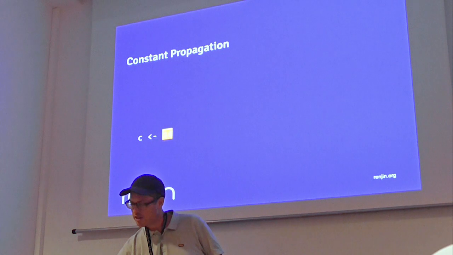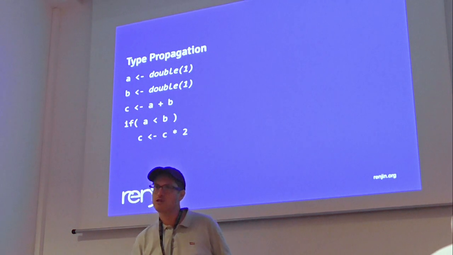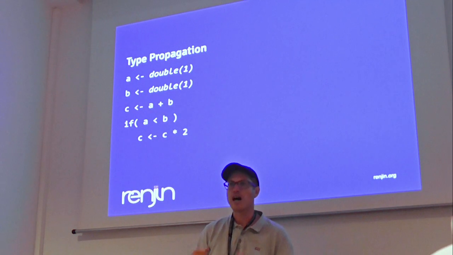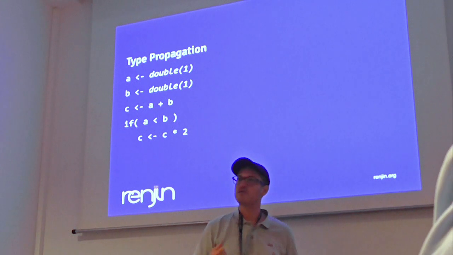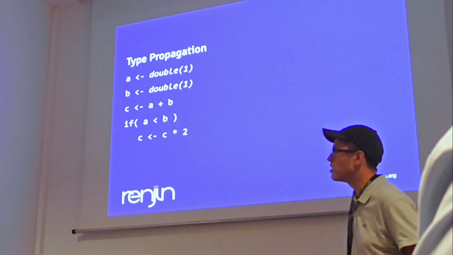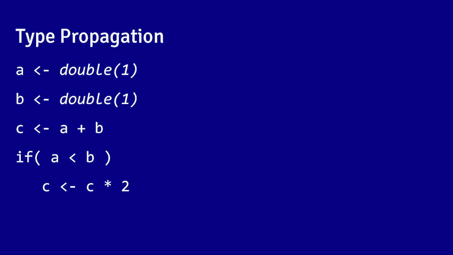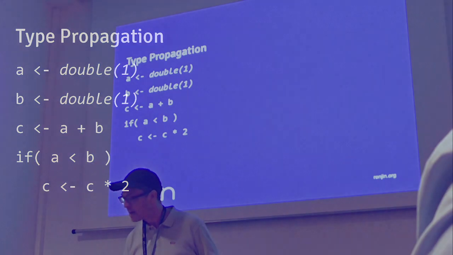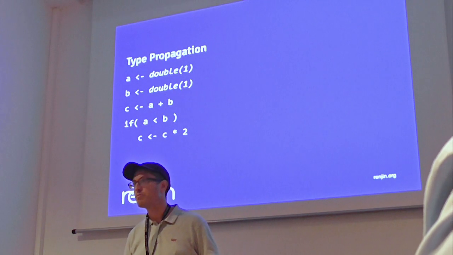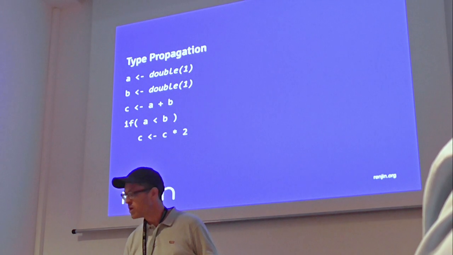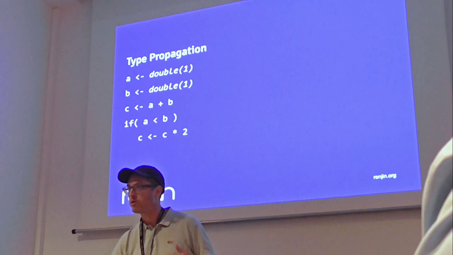But what's fascinating is that you can use this for more than just constant values. You can use this for other properties, like types. Maybe we don't know what A and B are, but we know that they're both double vectors of length 1. If we have a set of rules about R's built-ins, then we can make deductions in the same way that we propagated those constants.